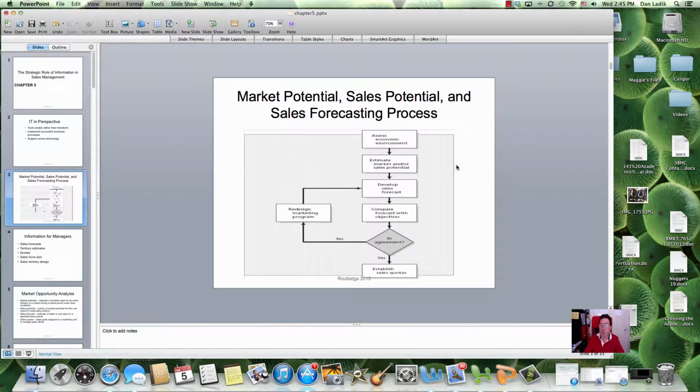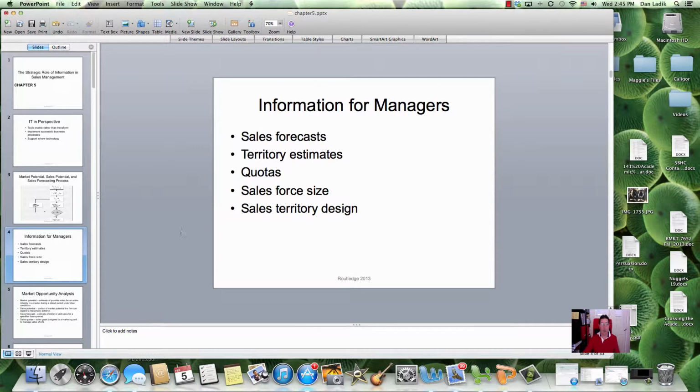We would use information to help us make some of these decisions, such as creating a sales forecast, figuring out what is a territory worth, or how should we assign people to that territory, setting quotas for our sales force, and finally, how do we design a territory.